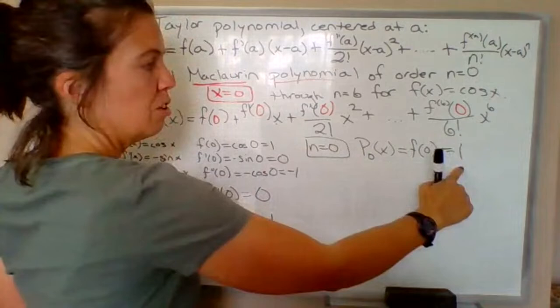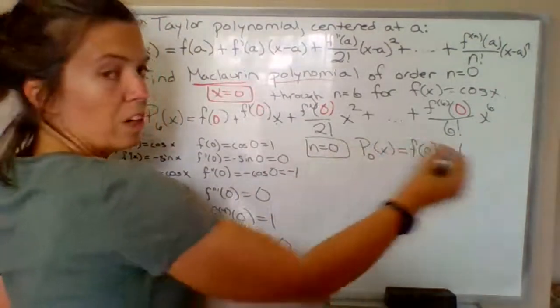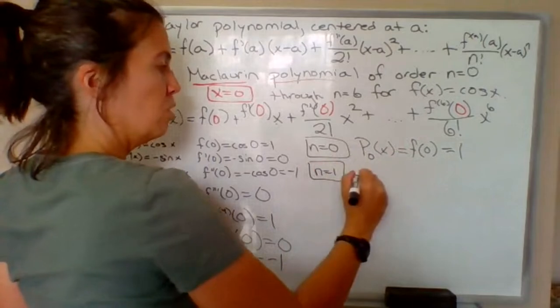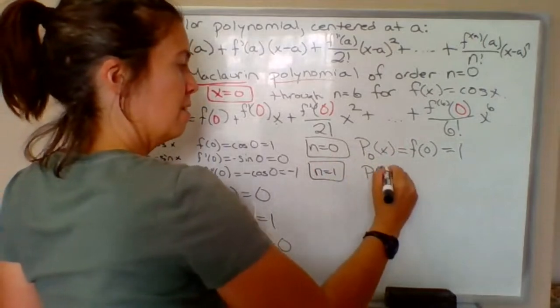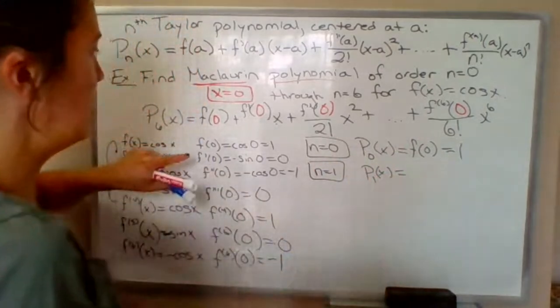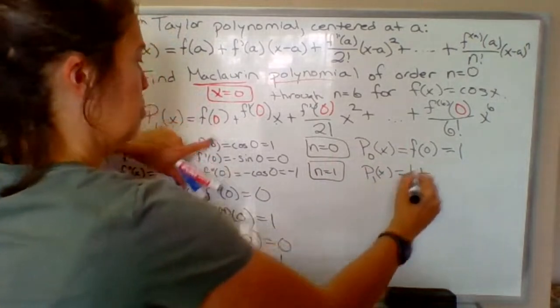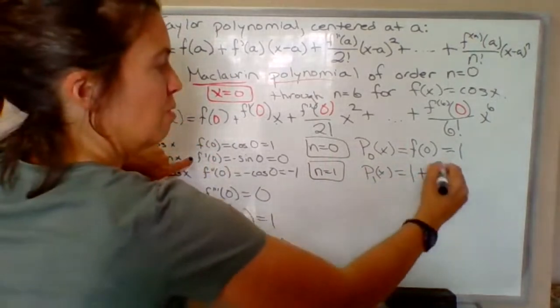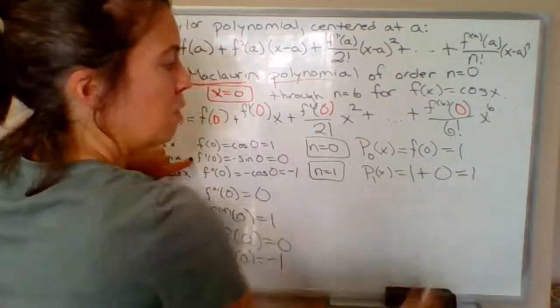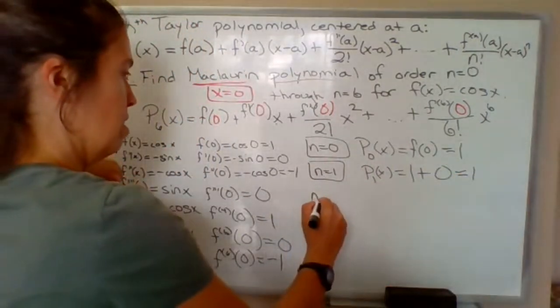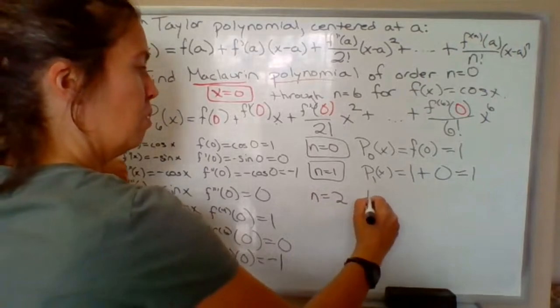So our P0 polynomial is just the constant function 1. Okay, the order 1 polynomial, so P1, we would take the sum up to when n equals 1. So we would have f of 0, which is 1, plus f prime of 0, which is 0. So actually, in this case, P1 is just equal to P0. It's just 1.